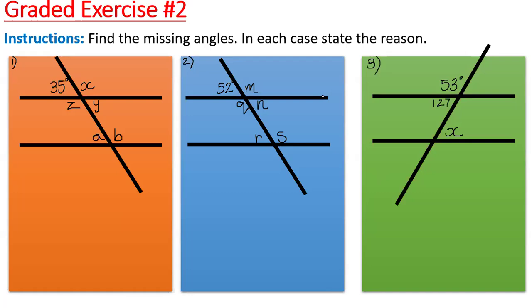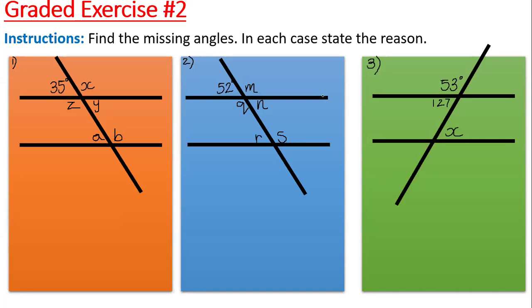What number are you on, Shekinah? Number 2. Okay, Aiden Bethel, what number are you on? I'm on number 2. Aiden Frandu, what number are you on? Number 3. Okay.